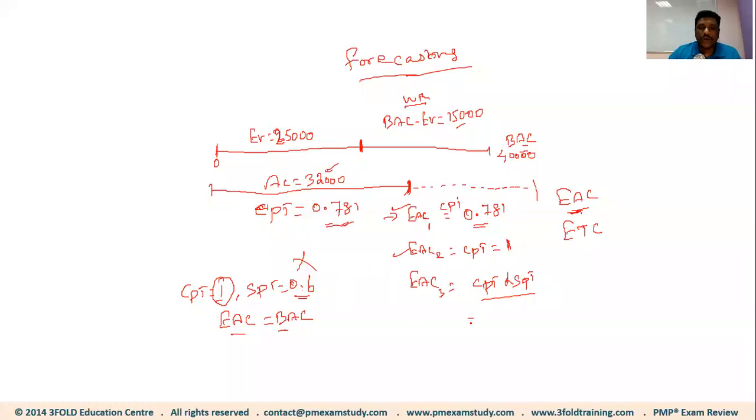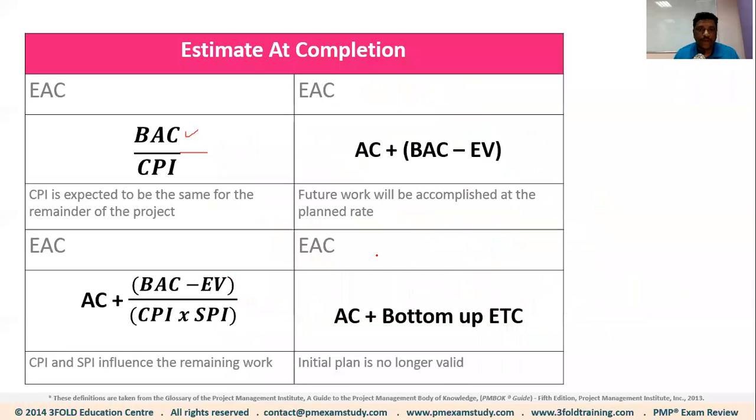In that case, what we do is very simple. We take the money we spent so far, 32,000, nothing much we can do about it, plus the remaining work, which is 15,000, divided by the multiplication of CPI and SPI. So here is the formula: actual cost plus BAC minus EV over CPI times SPI.